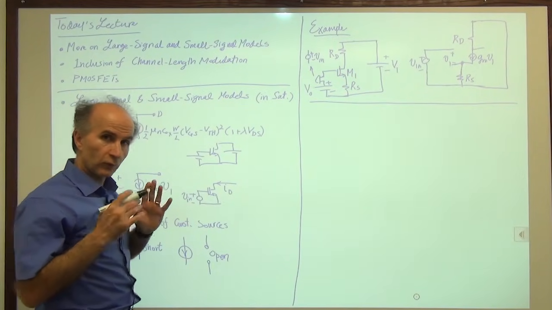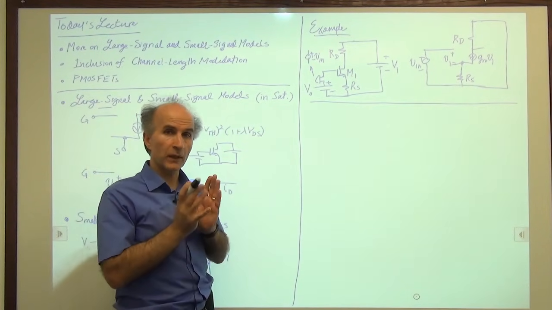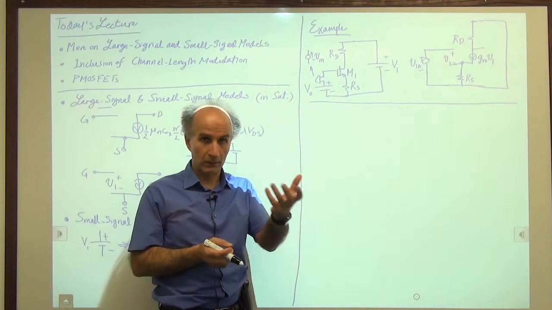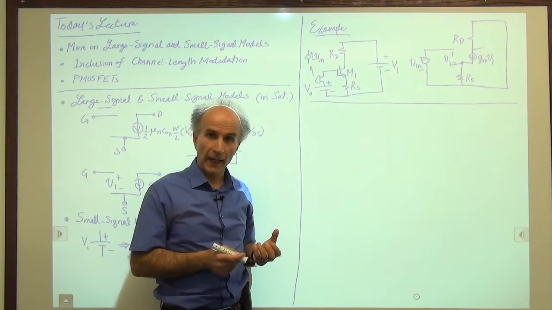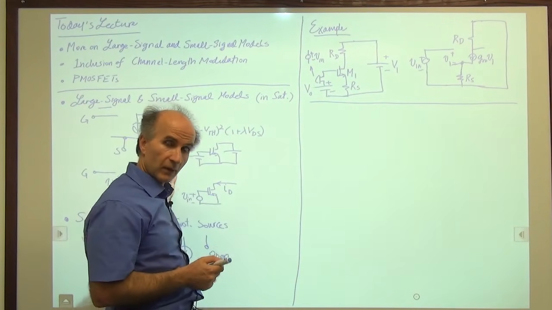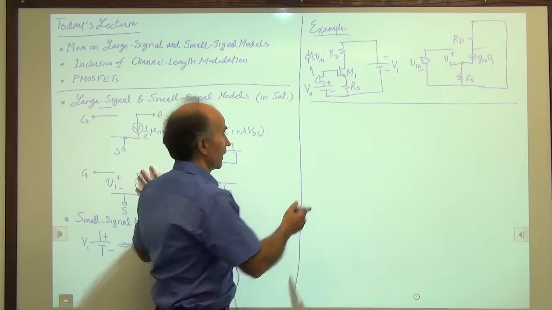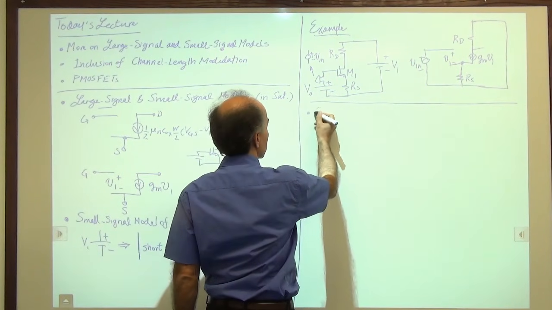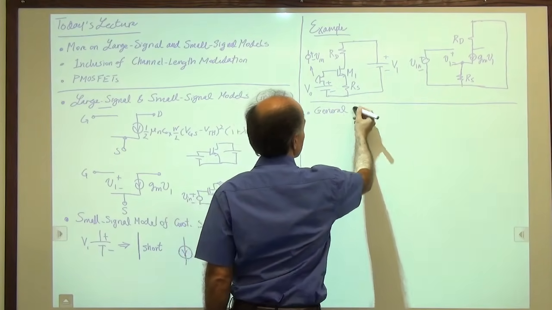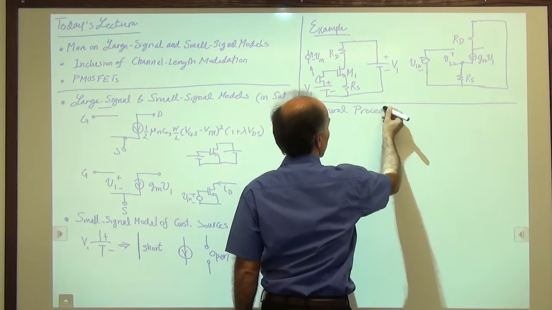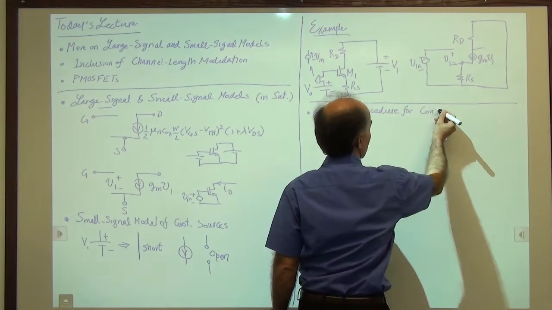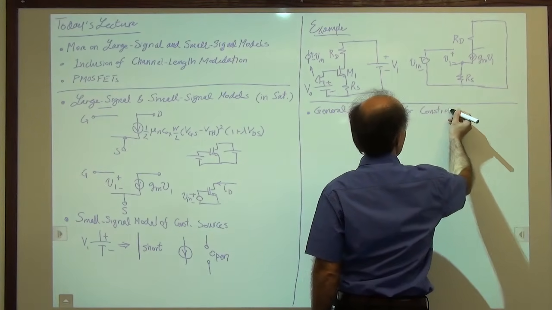Okay, so let's try to formalize how we construct a small signal model for a given device, a MOSFET or anything else. And then, based on that, go ahead and revisit the small signal model of the MOSFET. All right, so here's the general procedure for constructing a small signal model of anything that you want.